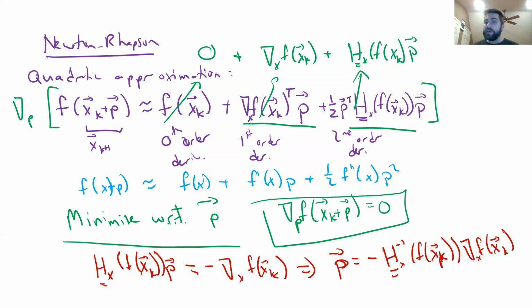Also, it is prohibitively expensive to calculate this Hessian matrix. It's not clear that we actually have an analytical form for the Hessian, and it may be very expensive even just to calculate the Hessian matrix, let alone to invert it.